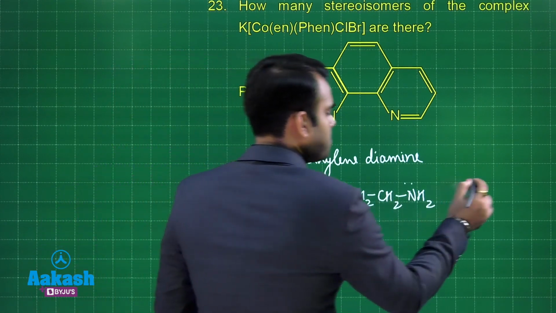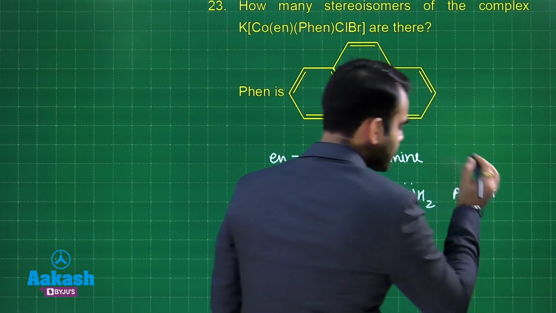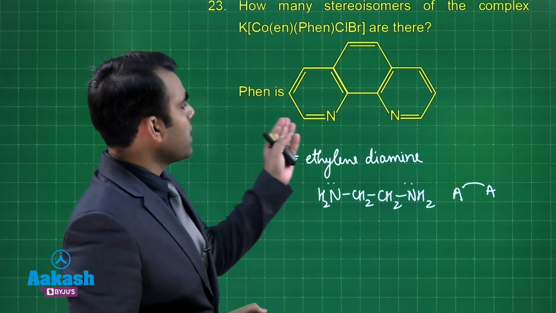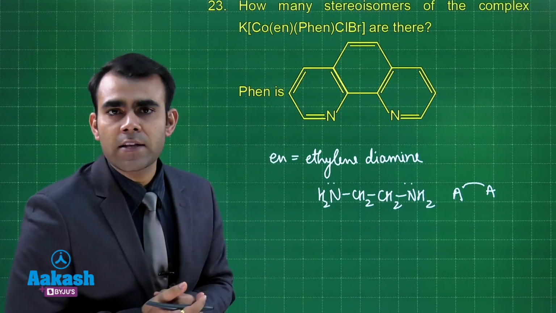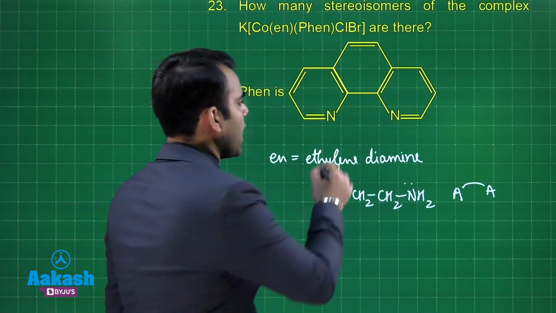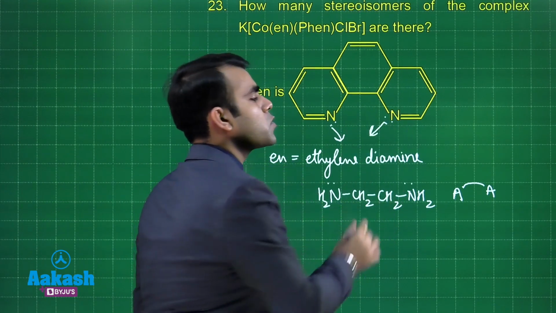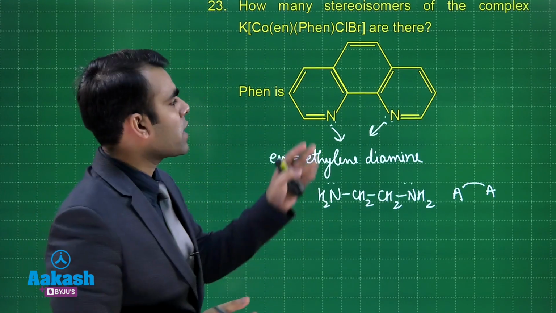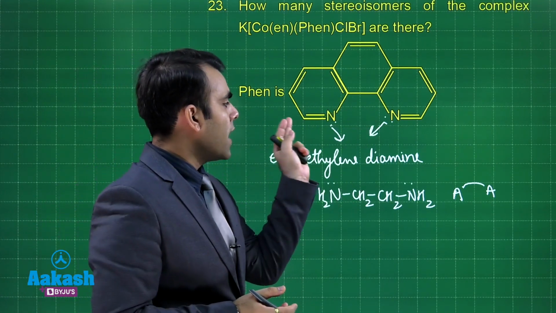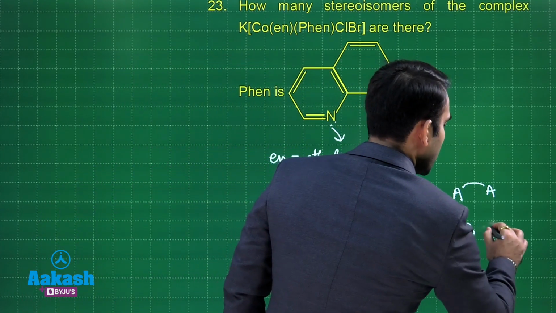So let's say I will represent it like AA. And similarly this is my second bidentate ligand, that is phenanthroline. Now in phenanthroline, again the two donor sites are these two nitrogen atoms. So here also the donor sites are the same. You can see the symmetry here, and the donor sites are also the same. So I'll represent it by BB.